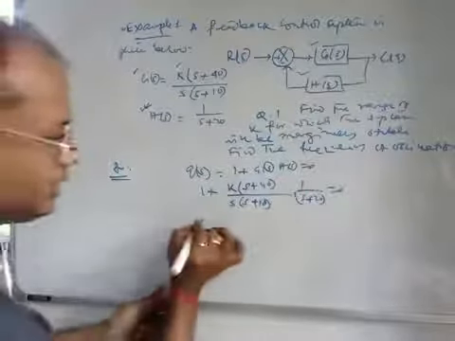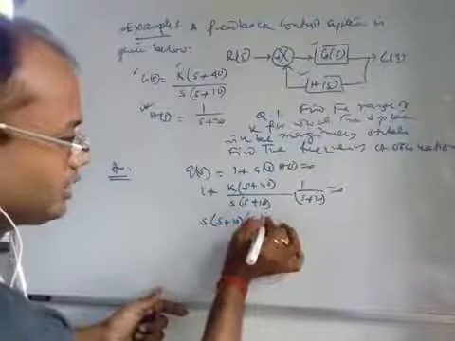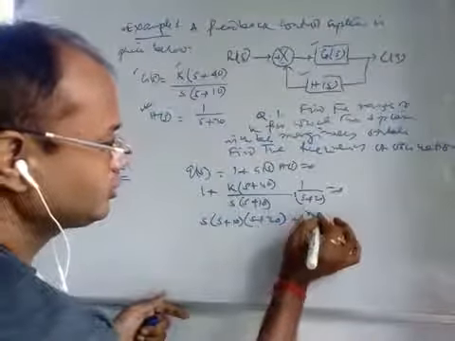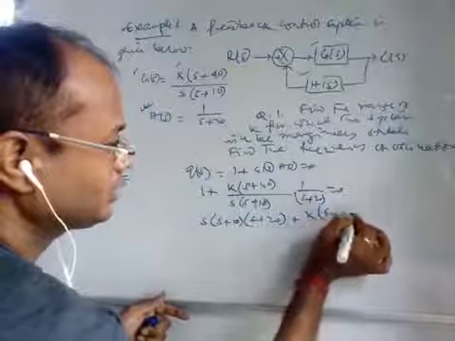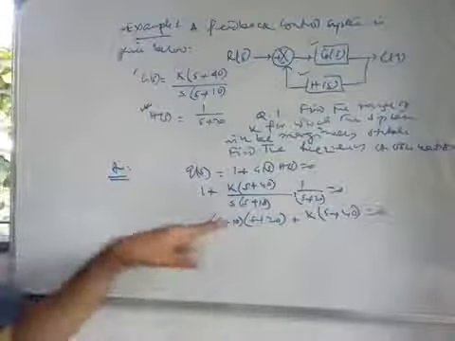That means s(s+10)(s+20) plus K(s+40) equals 0. This is your characteristic equation.